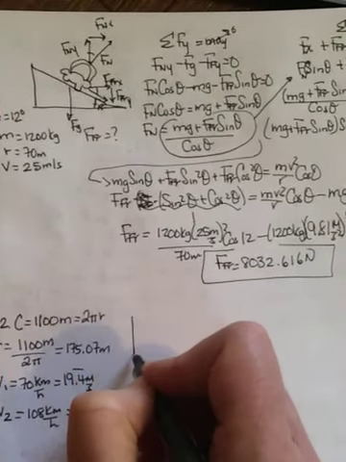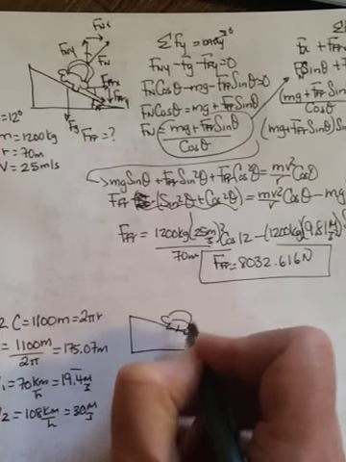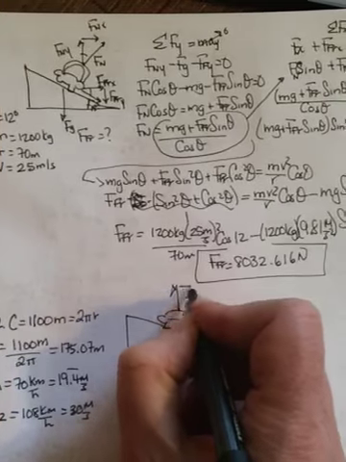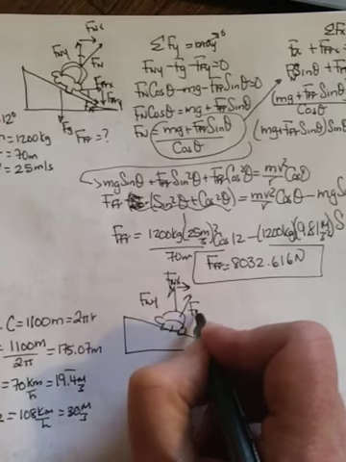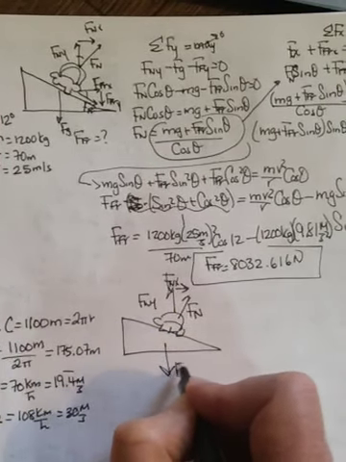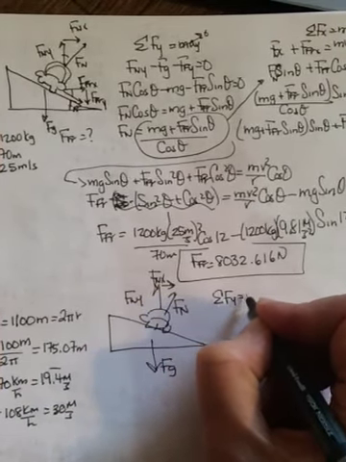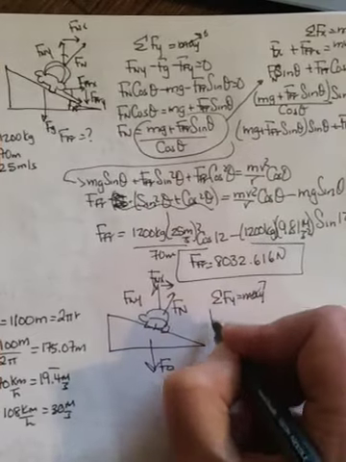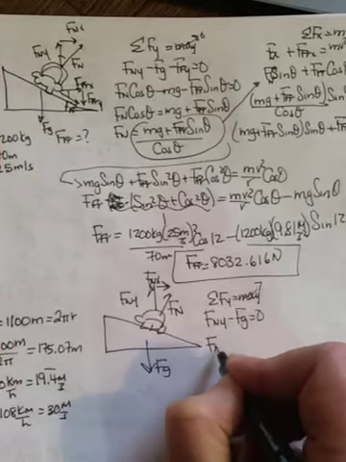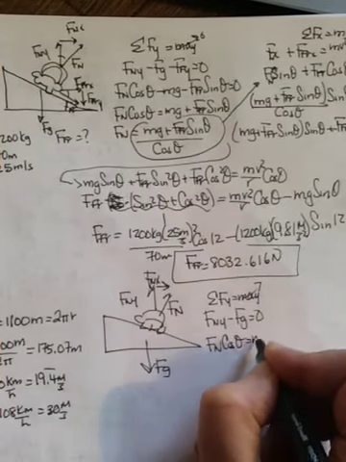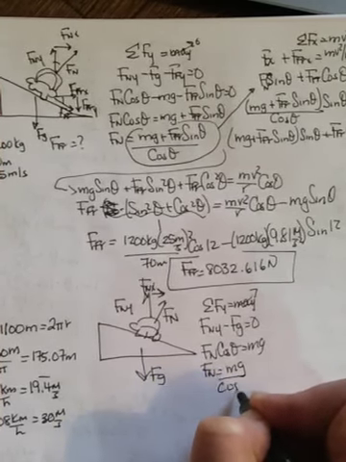And so again, when we draw this, we have our Fny and our Fnx and our Fg. And so without friction, if it's perfectly banked, sum of the forces in the y equals ma. So we have Fny minus Fg equals 0. So Fn cos theta equals mg. So Fn equals mg over cos theta.